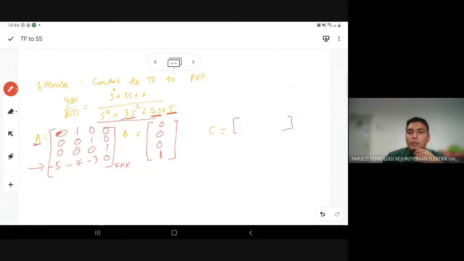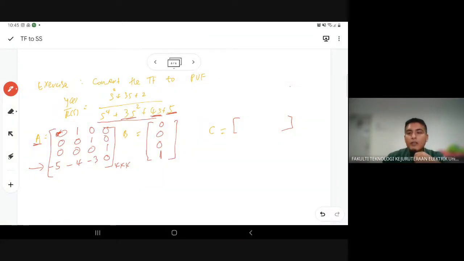The faster you answer, the faster we finish class. Devendran? Yes, what is the C matrix, Devendran?